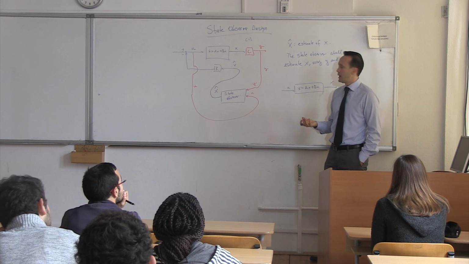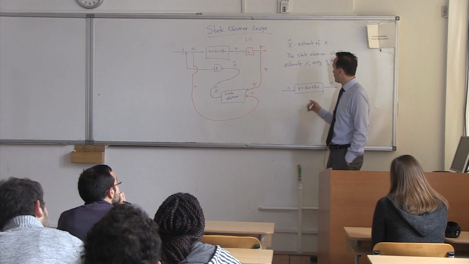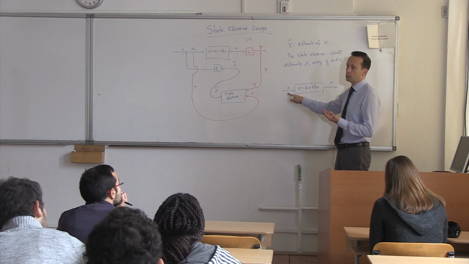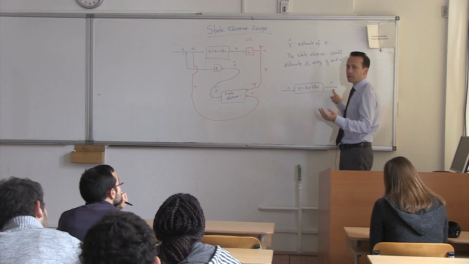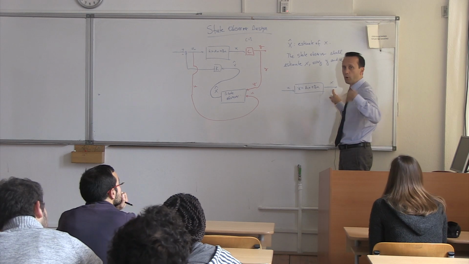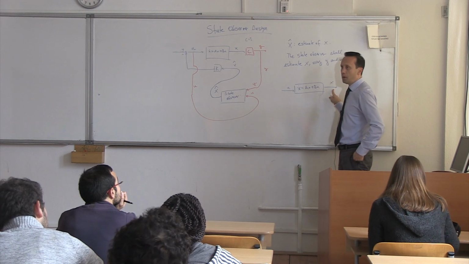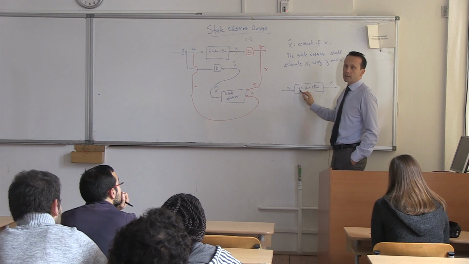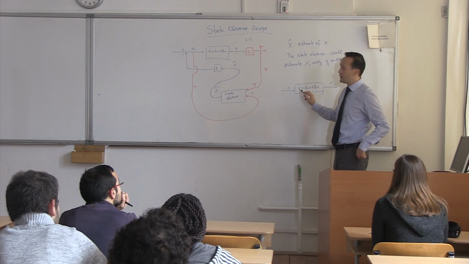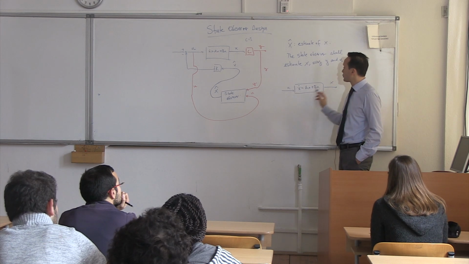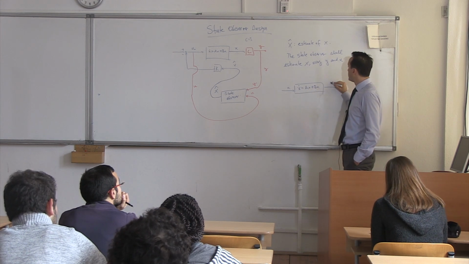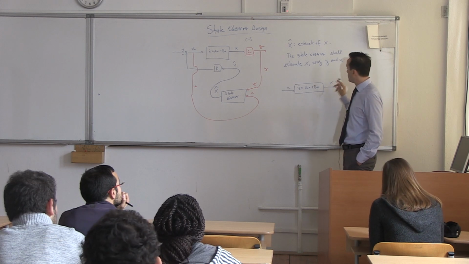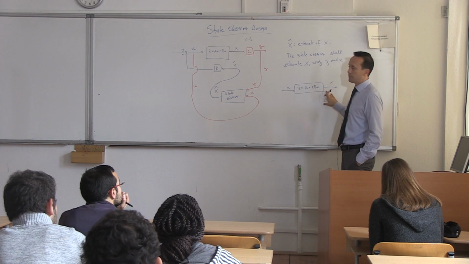If you have this in your computer and I tell you what U is, you could calculate it on the way. But there are two problems here. One is, what is the starting point? You need a starting point, of course. The second problem is, what if something goes wrong here? How can I adjust this? There's no feedback that will adjust an error between the real system and what's happening over here.